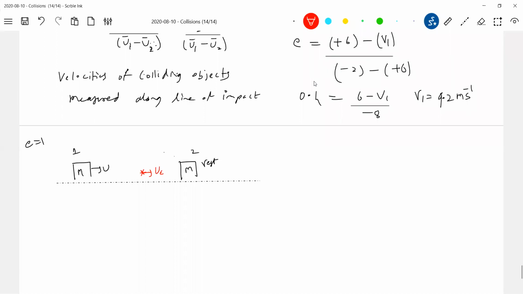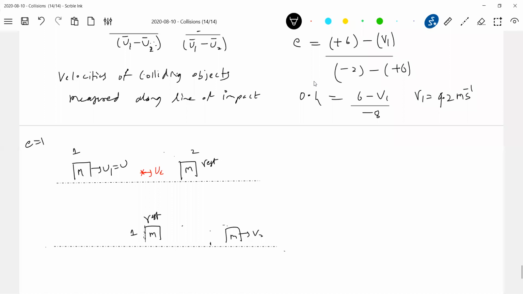And we know after collision, what will happen is the first body will come to rest and the second body starts moving with a velocity, and this will come to rest here.